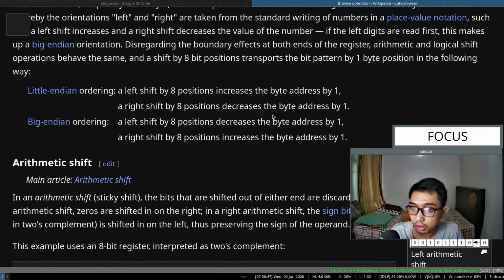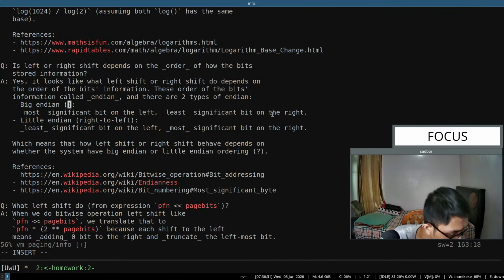Okay, maybe something like this. What is it again? Most significant byte. So is it byte or bit? That's what I'm still confused about.